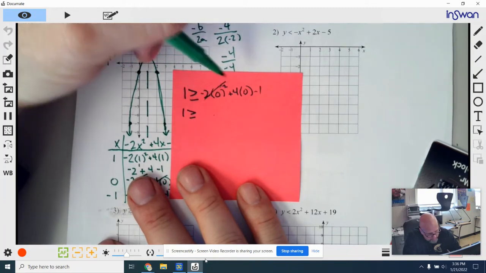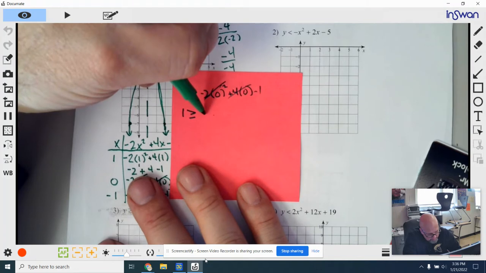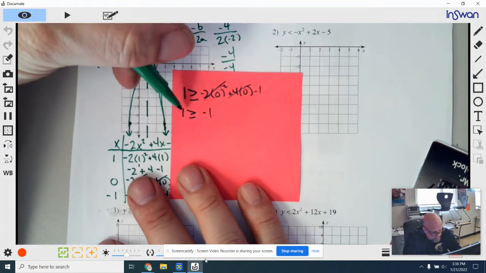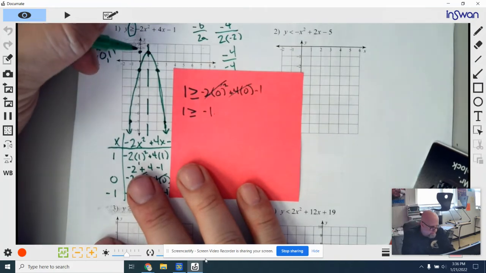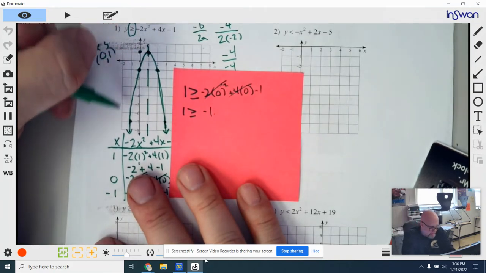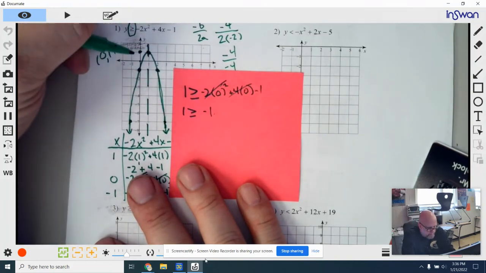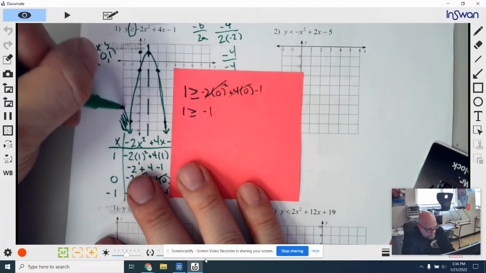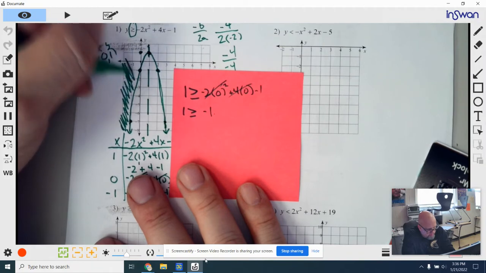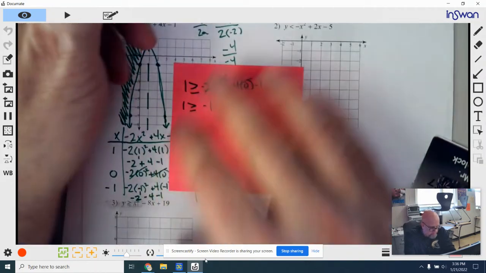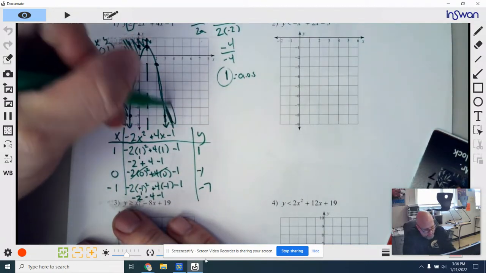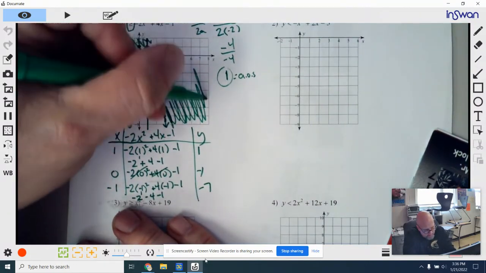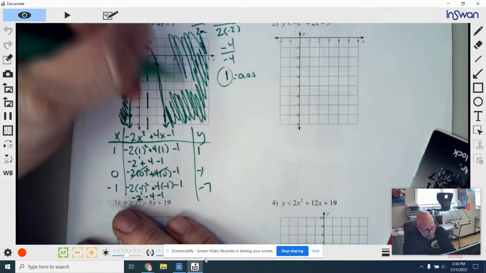That just cancels. 4 times 0 cancels, and you're left with negative 1. So is 1 greater than negative 1? Well, yeah. Which means everything on the outside of this parabola, because this point was on the outside, is shaded. So everything that's on the outside will be a solution set to this. So you would shade everything like so.